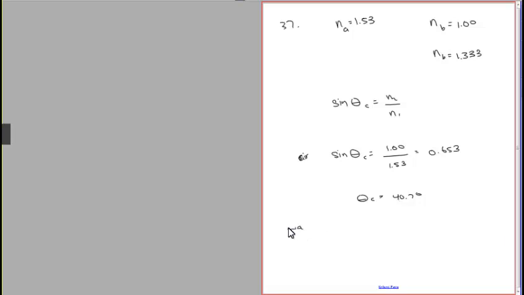And so for water, the sine of theta critical is just 1 divided by 1.333. 1 divided by 1.333 is 0.75, and the inverse sine of 0.75 is 48.6. Actually, is that wrong?